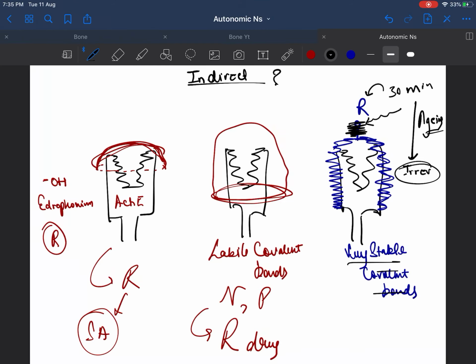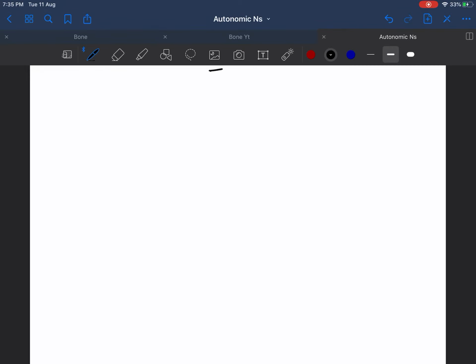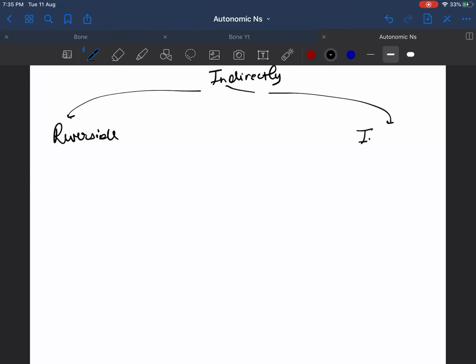So depending on the strength of the covalent bonds, we can divide the indirectly acting drugs into reversible inhibitors and irreversible inhibitors.